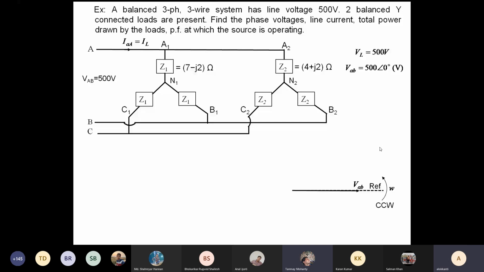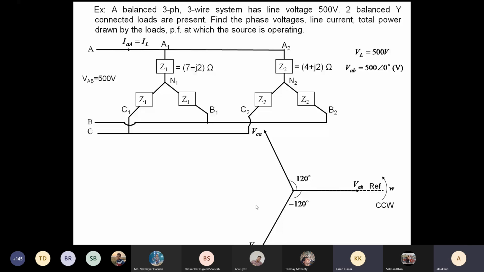This is your VAB, which is 500 volts. VBC, VCA, all the line voltages you can draw. It can be easily constructed because you have aligned VAB along with the reference.